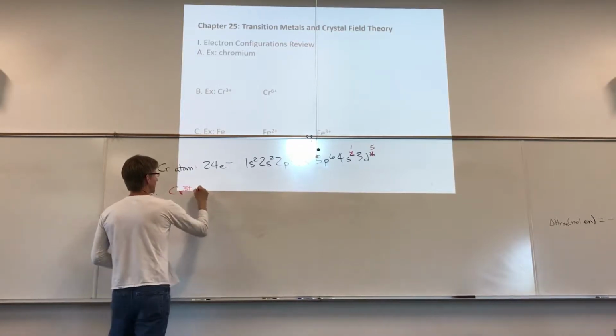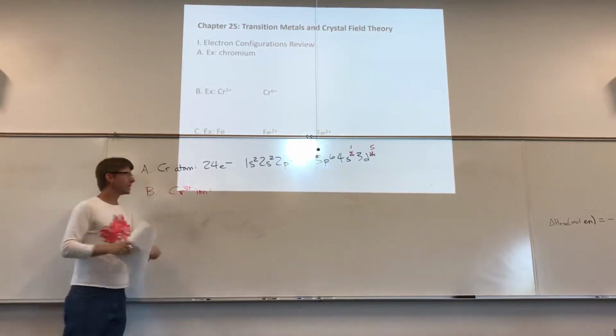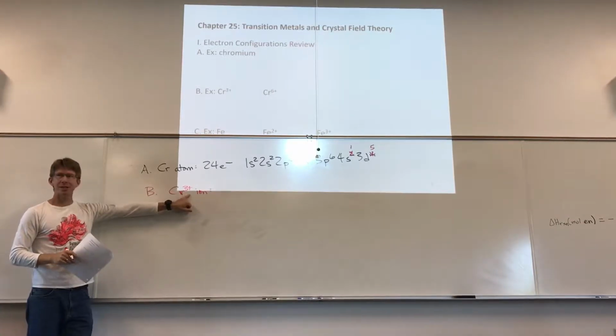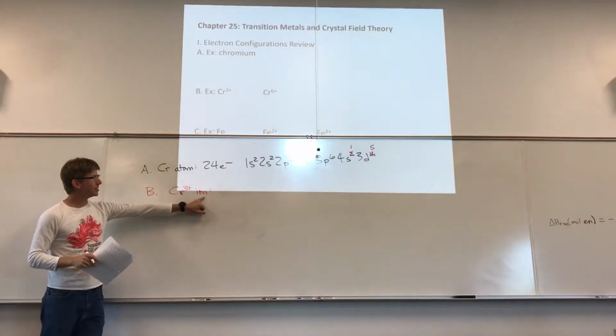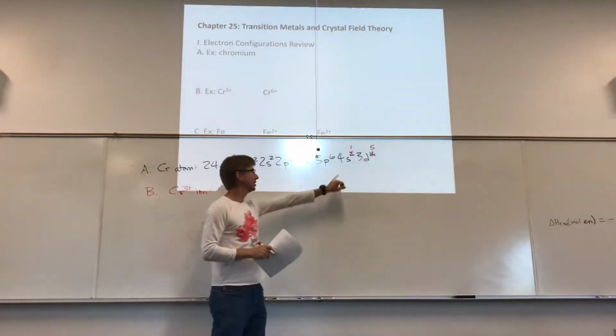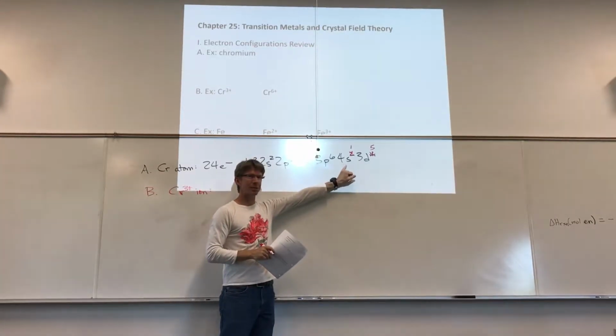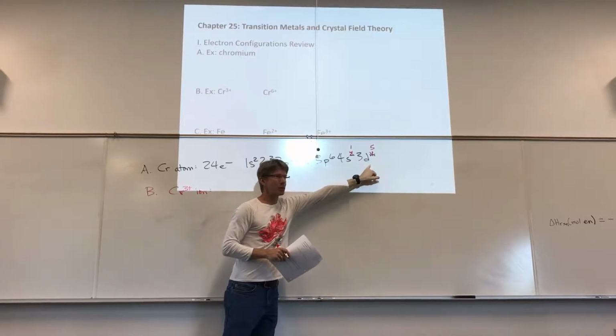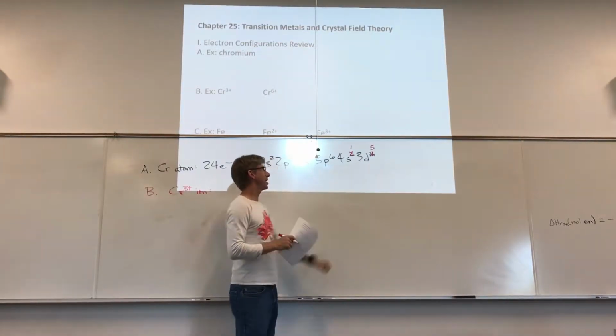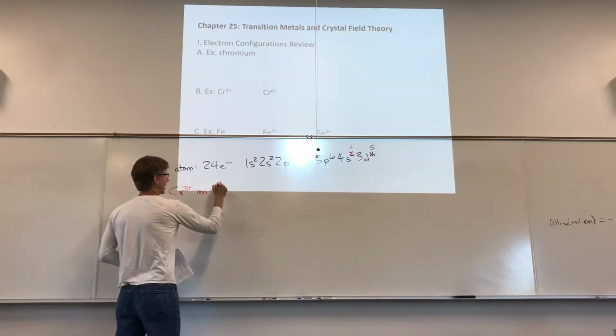When we do our chromium 3+, that's going to be taking away 3 electrons. The first electron you take away is the 4s1 electron. Then you're going to take 2 more of those. It turns out probably you'll get the same answer anyway.